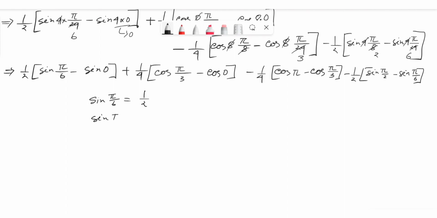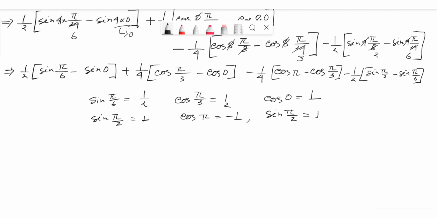Sine pi by 2 will be 1. Cos pi by 3 will be 1 by 2. Cos pi will be minus 1. And cos 0 is 1, and sine pi by 2 I already told you is 1. So we'll put these values here.